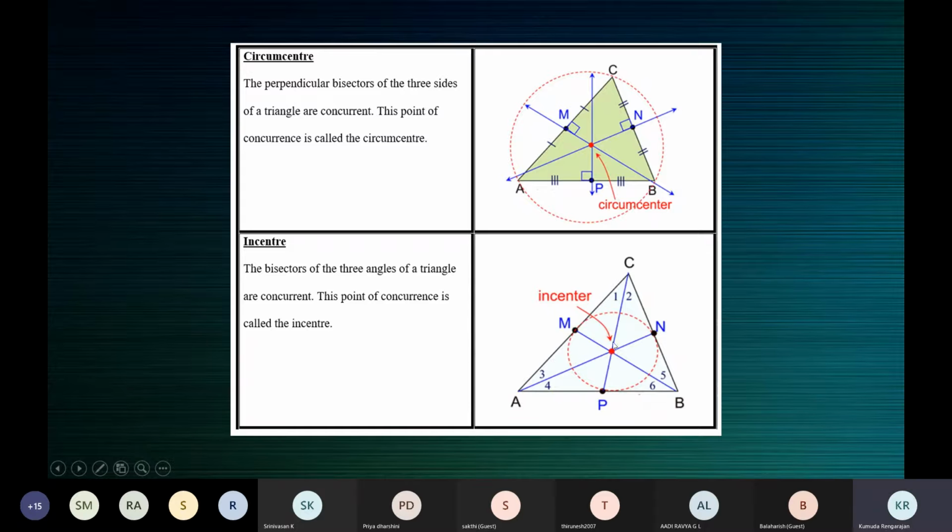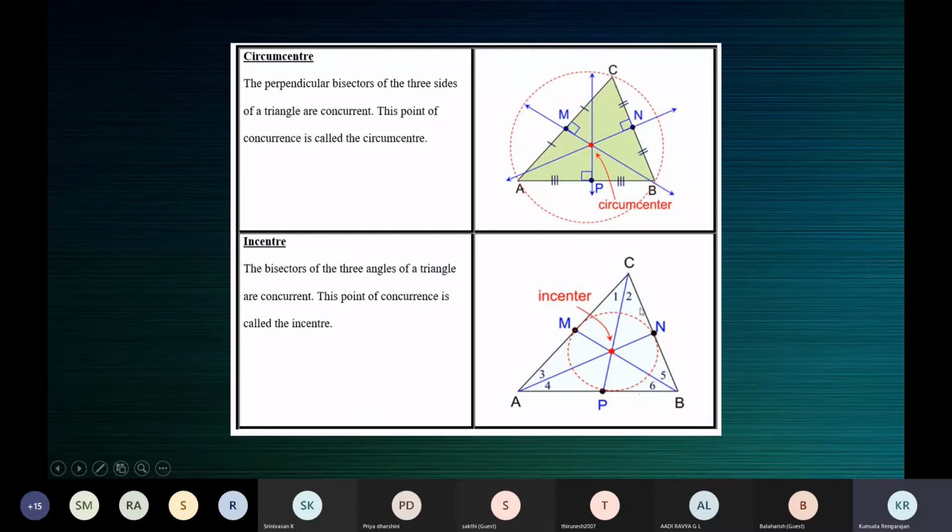When you connect the incenter to the vertex like this, that means the angle will be bisected, because the line that connects the incenter and the vertex is the angular bisector. I told you, you only have three things: the triangle, the incircle, and the incenter. If you join the incenter to the vertex C, angle C will be bisected.